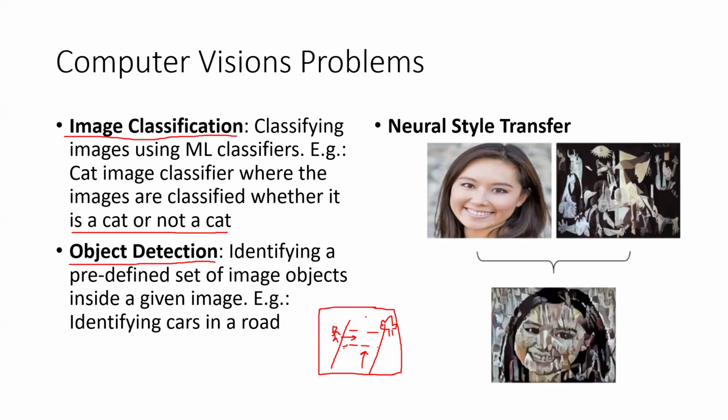You also have to detect that there are some cars coming towards you, and there is a bus as well, coming in your direction. So when you look at this image, you have to identify each of these objects. This is a pedestrian object. This is a road object, right?